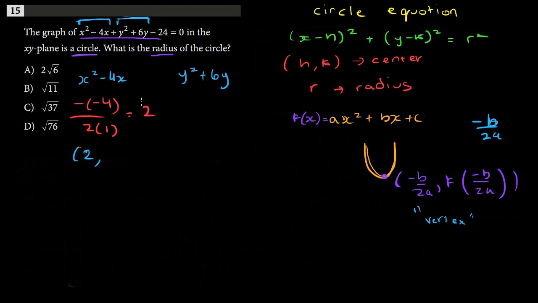Now I plug in that value to get the y coordinate. That's 2 squared minus 4 into 2, which is 4 minus 8, so minus 4. That is our fake vertex.